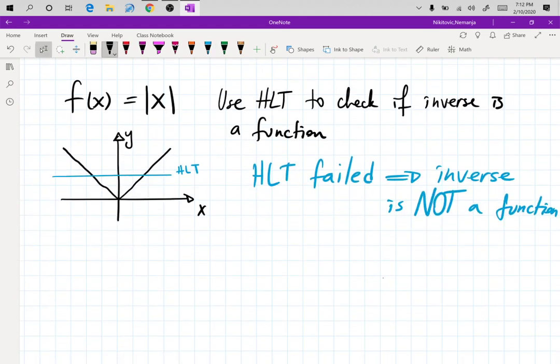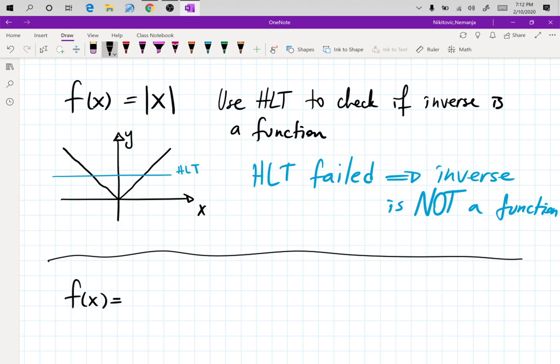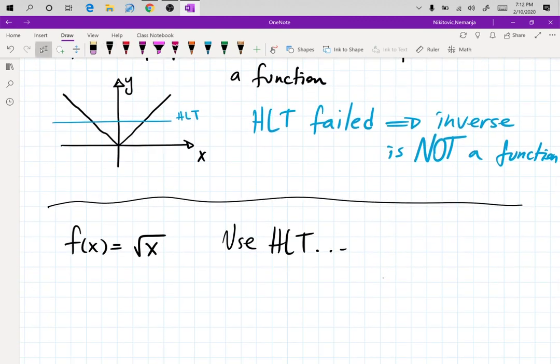Let's check another problem. You can go and do this all night. F of x equals square root of x. Do we remember what the square root graph is? Of course. What is it?